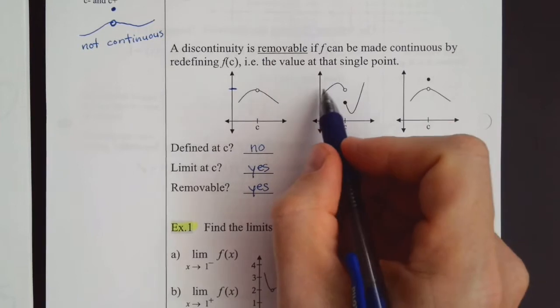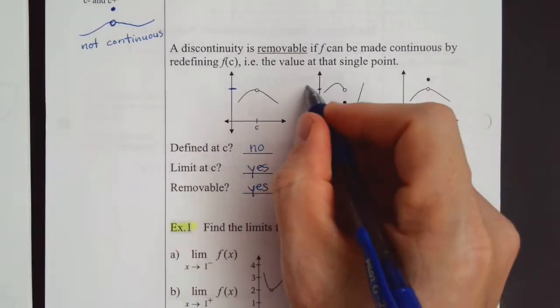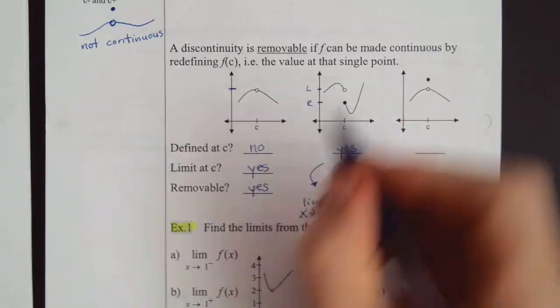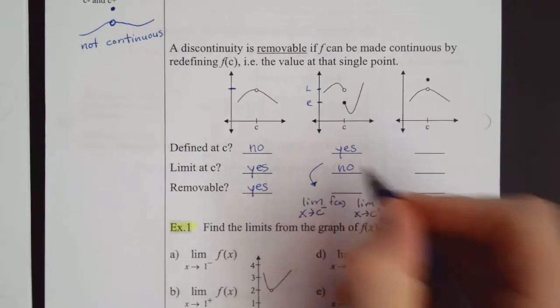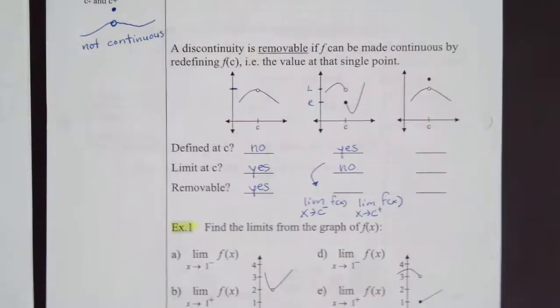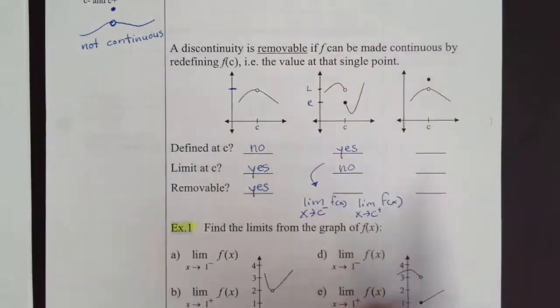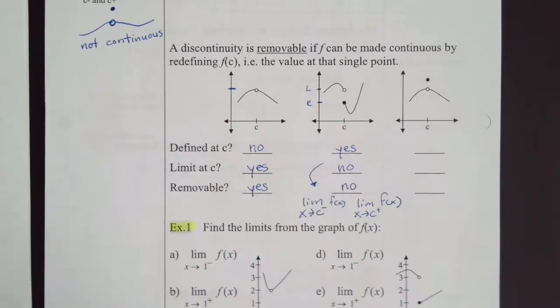That is not true. The left side is approaching this, the right side is approaching that. No, the limit does not exist. It's approaching two different numbers at C. Is it removable? Is it one single problem? No, there's a gap in between there.